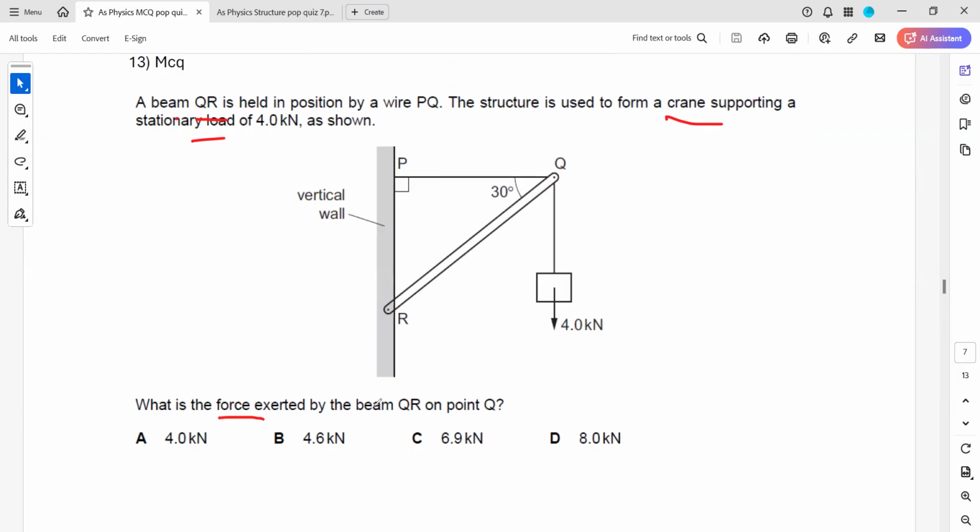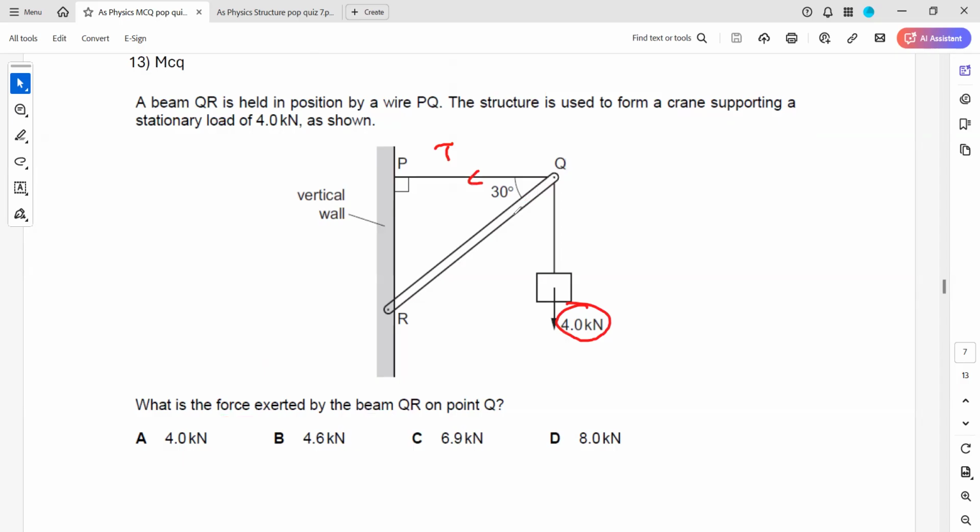What is the force exerted by beam QR on point Q? Look, we need this force. Because it is stationary, the 4 kilonewton is there, and this tension T will be there.